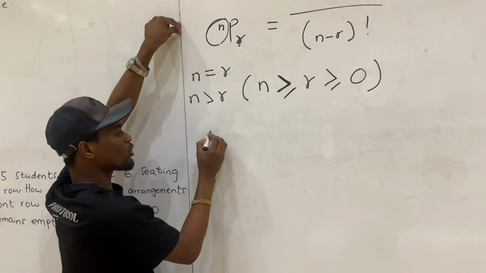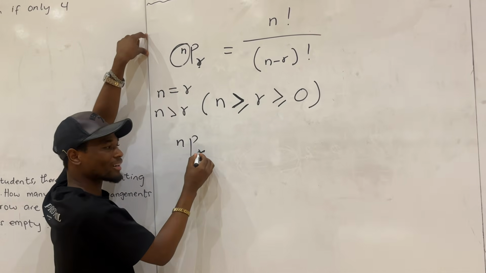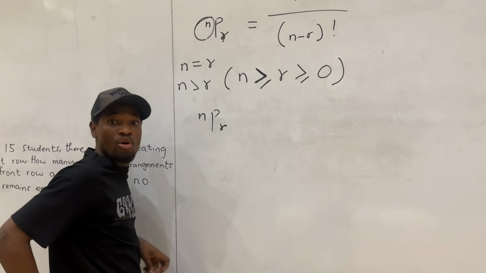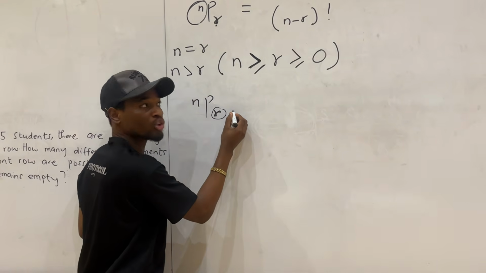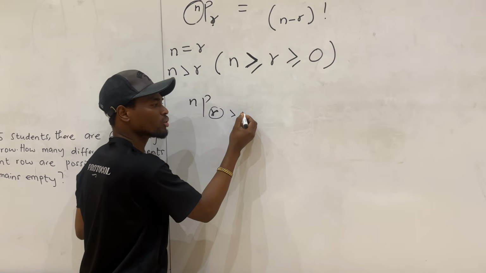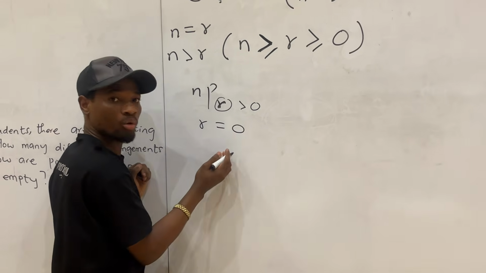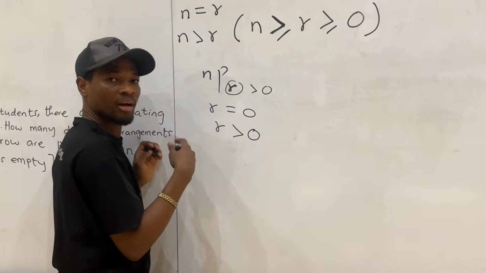Now, we also have n permutation R. So this R can assume values from 0 and beyond. So R can be equal to 0, or R can be greater than 0.